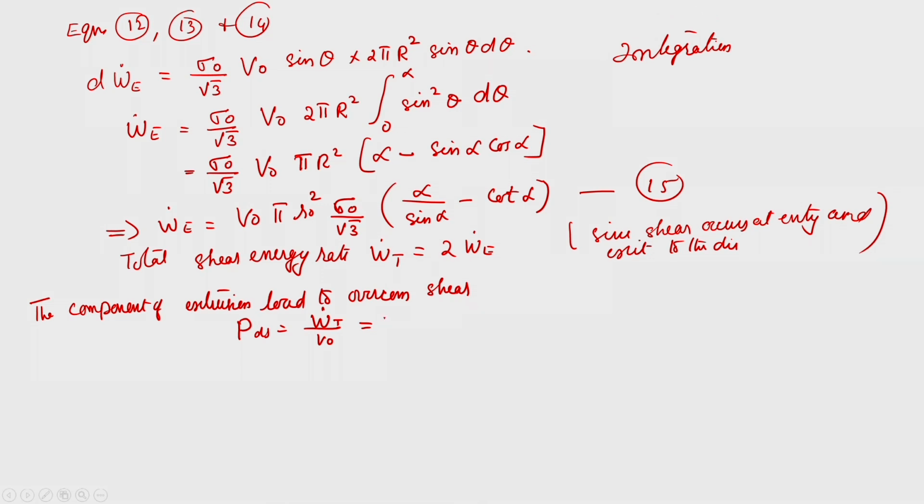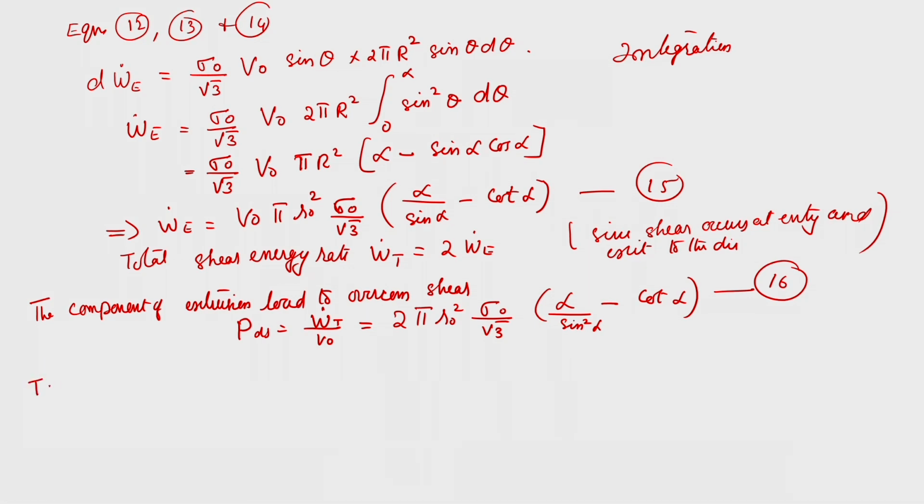Okay. So, we will get it as 2 pi R square into sigma 0 by root 3 into alpha by sin squared alpha minus cot alpha. This is what we are getting.